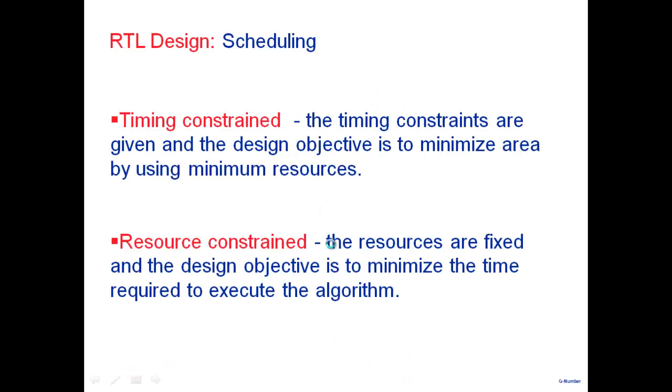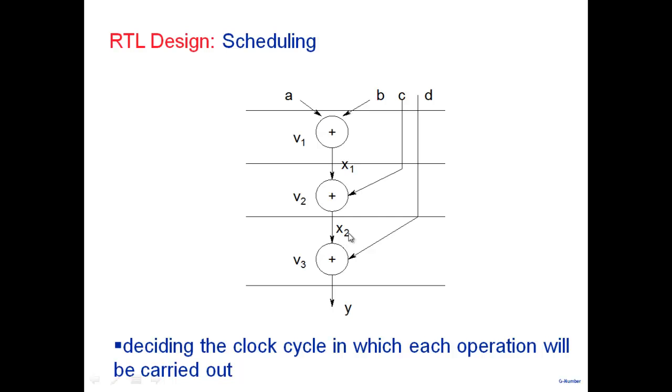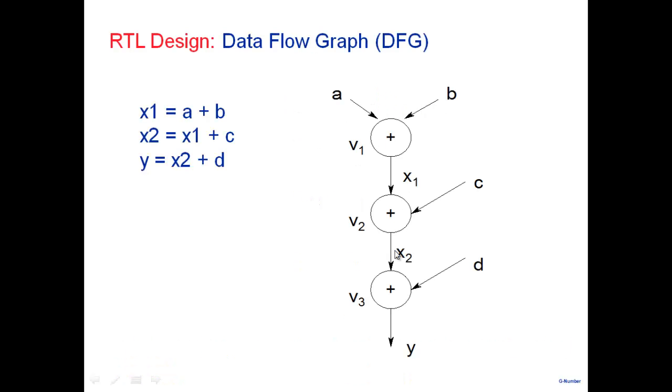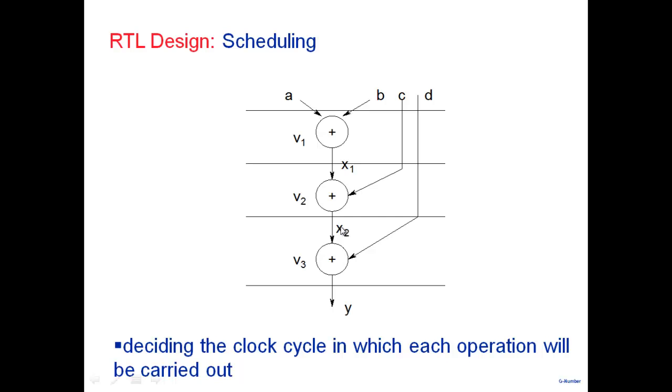Okay. Once you do that, from here you can try and obtain the ASM chart. So taking a complex computation, breaking it up into elementary computations, constructing a data flow graph, and then deciding when I am going to do the different elementary operations in different clock cycles.